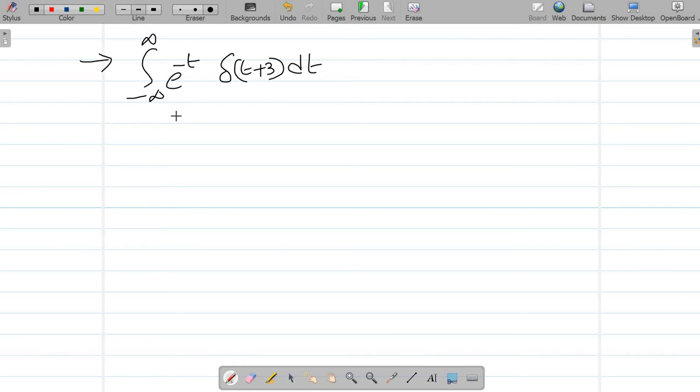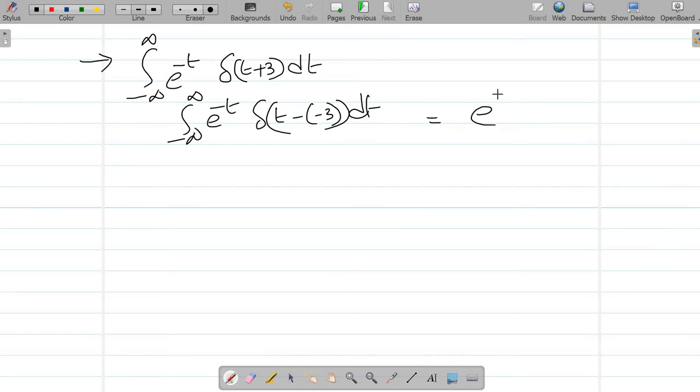So I can write this as the integral from minus infinity to plus infinity of e to the power of minus t into delta t minus of minus 3. So now the t naught is minus 3. If you substitute minus 3 into e to the power of minus t, then this entire integral gets evaluated to e to the power of 3. So the answer is e to the power of 3.